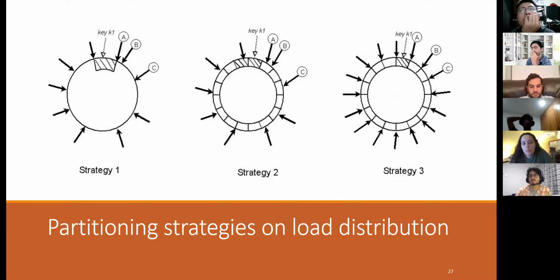There was also a third strategy, in which each node is assigned Q divided by S tokens, where S is the total number of nodes in the system. So the efficiency in the end depends on the number of partitions for strategy 3, while for strategy 1 it depends on the number of tokens. So there is no fair way to compare these strategies, even if we use load distribution, since the other strategies use the same amount of space to maintain the information. So we can go to the next slide.